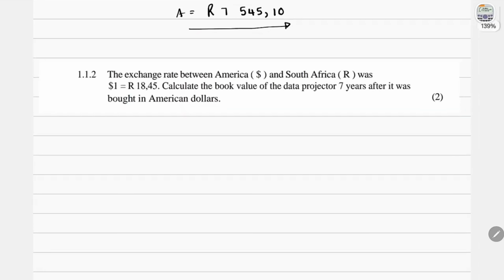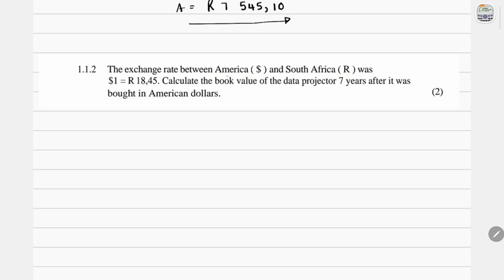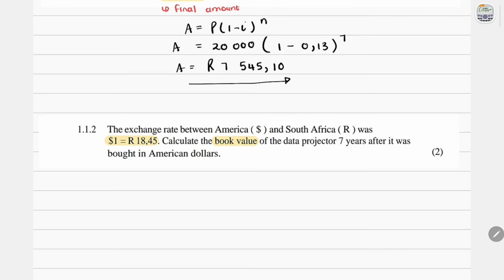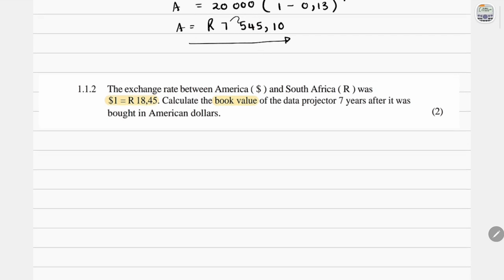Question 1.1.2 says, the exchange rate between the American dollar and the South African rand was 1 dollar equal to 18 Rand 45 cents. Calculate the book value of the data projector 7 years after it was bought in American dollars. So they've given us the exchange rate and we're just converting the book value amount that we already have from the previous question into dollars.